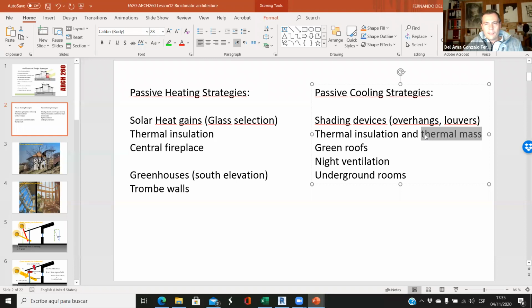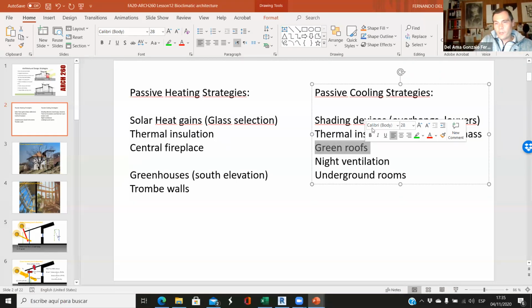Brick, concrete, natural stone are heavy materials, and they can accumulate a lot of thermal energy, so that this thick wall can be heated up during the day, and then during the night it will release that energy outwards, not inwards. So we need thick, heavy materials for walls and roofs.